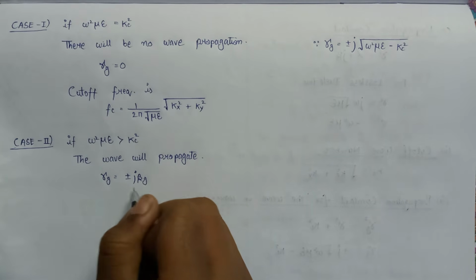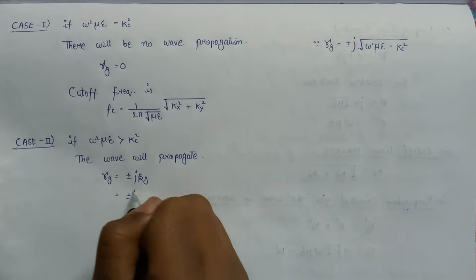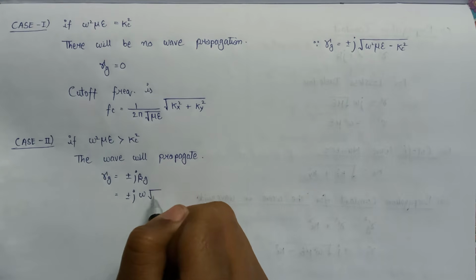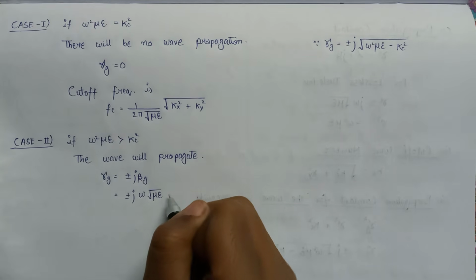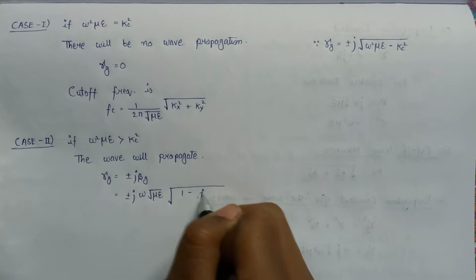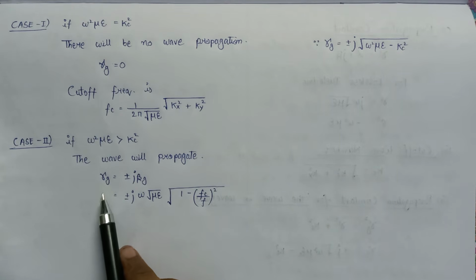And if we replace this beta g with its value, then beta g is equal to omega under the root mu epsilon under the root 1 minus fc over f whole square. This is the value of the propagation constant for the waveguide.